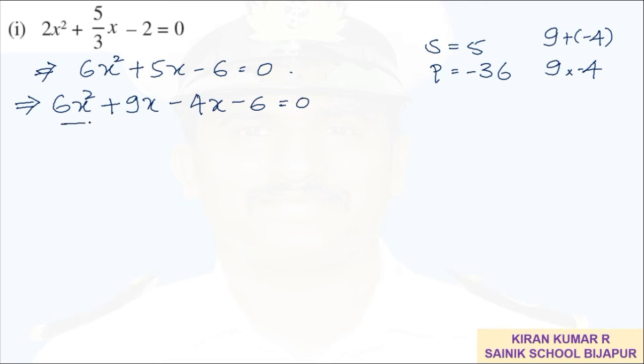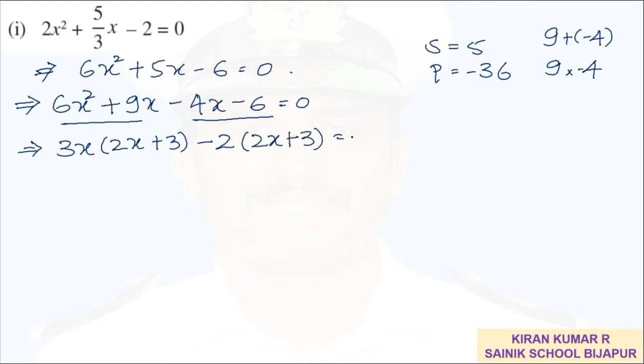In the first group, we have 3x common. We write it as 2x plus 3. In the next group, we have negative 2 common. We get 2x plus 3 equal to 0. In this step, we have 2x plus 3 common. We get 3x minus 2 left out.